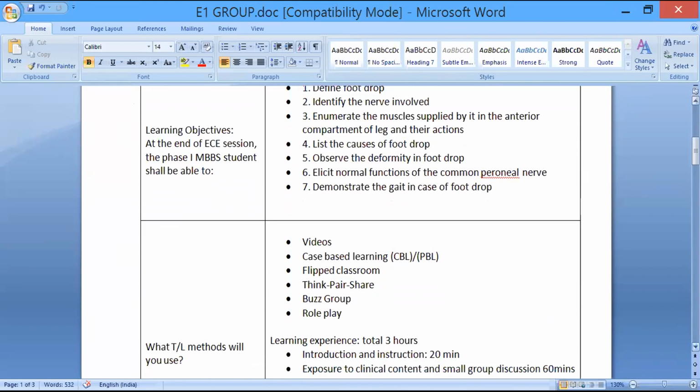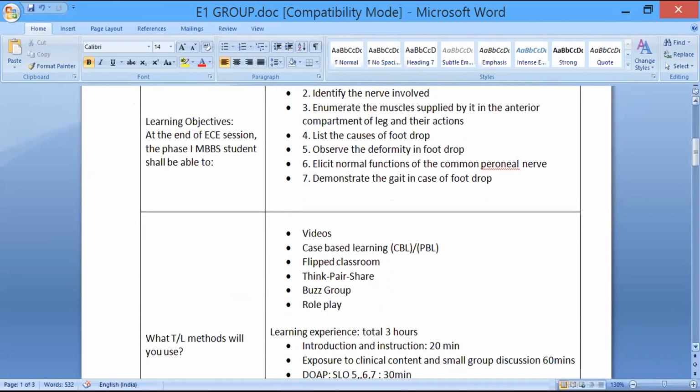The teaching learning methods we selected are videos, interactive lectures with the use of videos, case-based learning, flipped classroom, think, pair and share, buzz group, and role play.